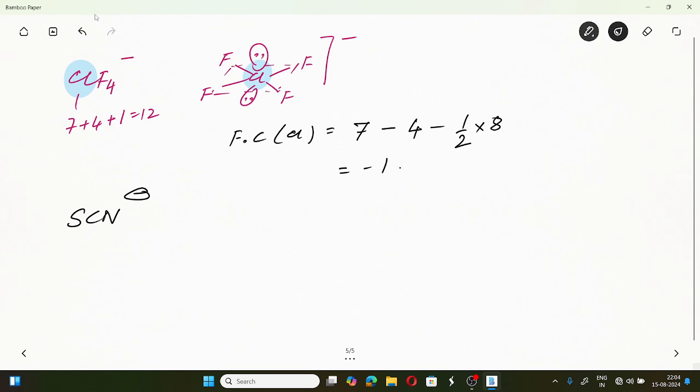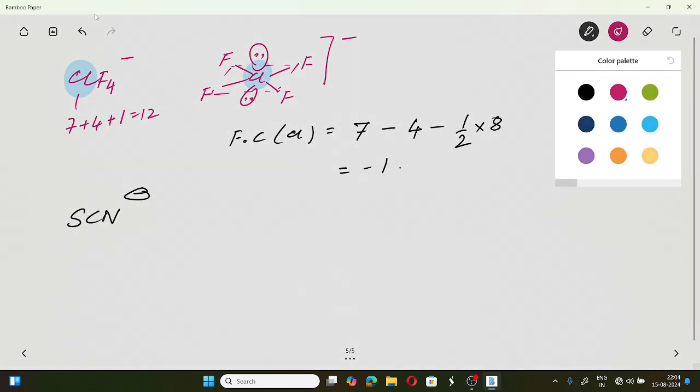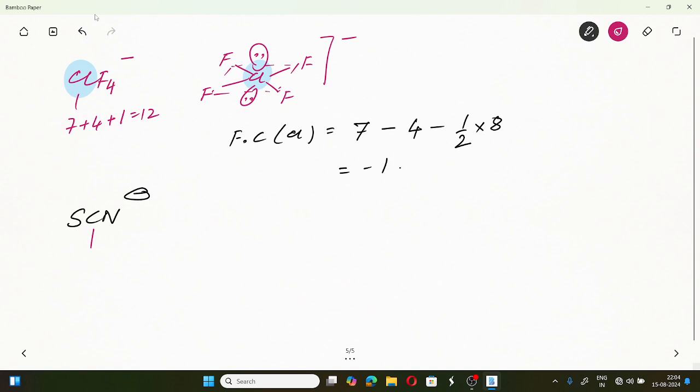See, you can find out the structure by using VSEPR theory. Taking carbon as the central atom, 4: for sulfur, terminal sulfur, +1 sigma and -1 pi, and for this nitrogen, +1 sigma and 2 pi bonds are expected, -2 pi bonds, and +1 for the negative charge. So this becomes 4.